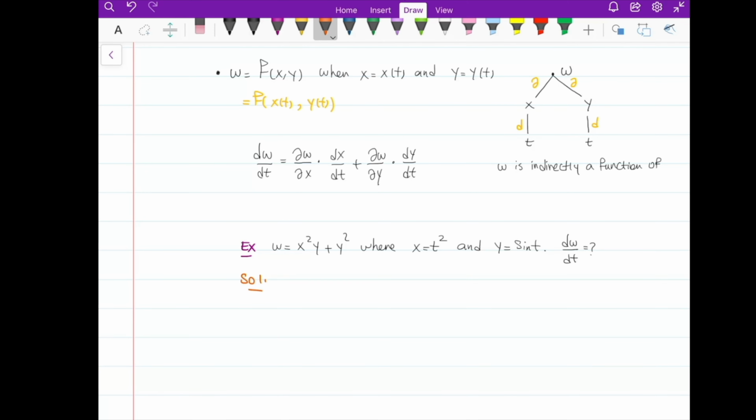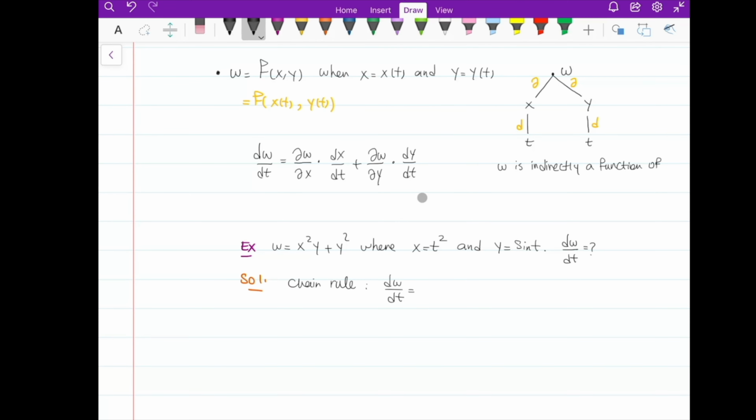Well, I can use the chain rule, and I highly recommend that you graph this tree whenever you want to solve examples of the chain rule. It's very helpful.